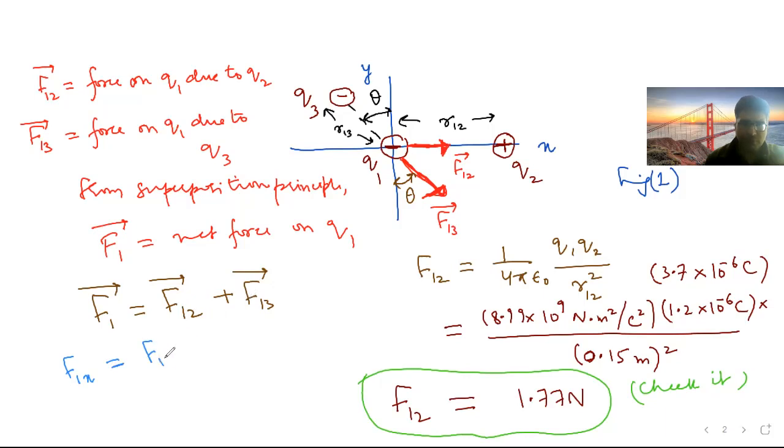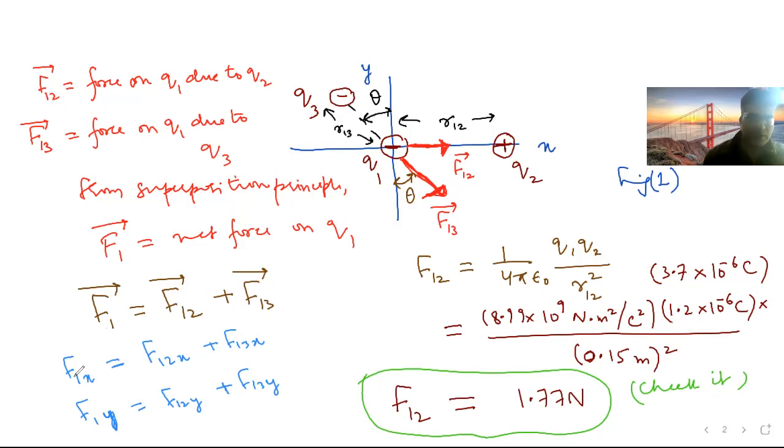That means it will be F12x plus F13x. Similarly, F1y, the y component of the net force, will be F12y plus F13y. Same goes for the z component. But here the vectors are in the plane and there will be no z component.